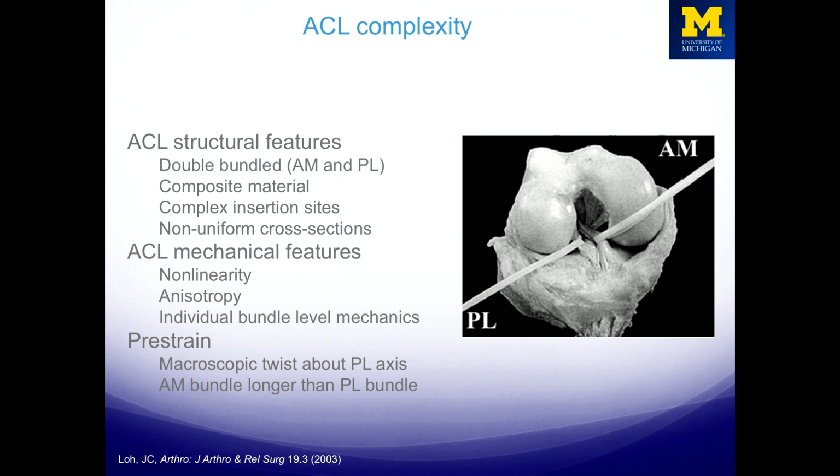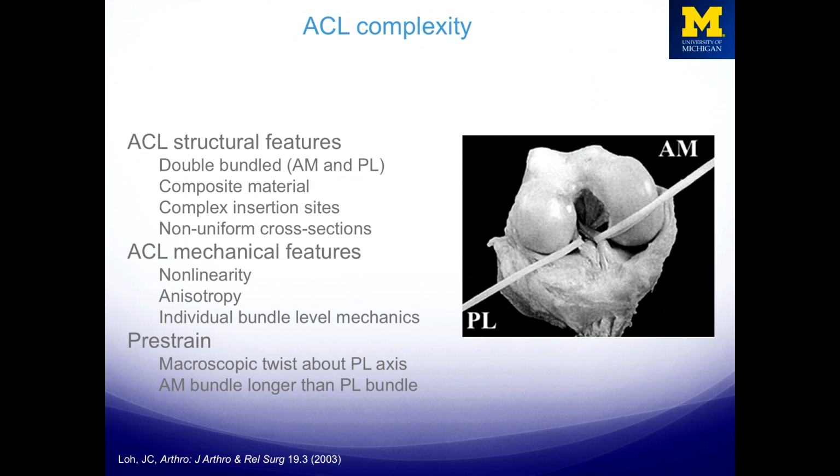These are collagenous tissues that insert directly into the bone. They have complicated insertion geometries, or entheses. They're not uniform. They're composite materials. And mechanically, these are tissues that are nonlinear, anisotropic, and also viscoelastic.